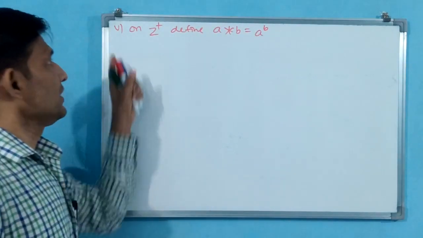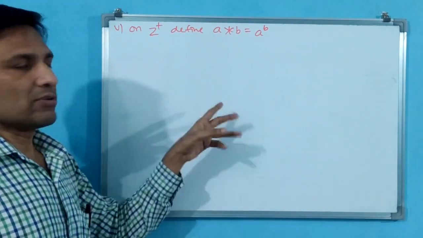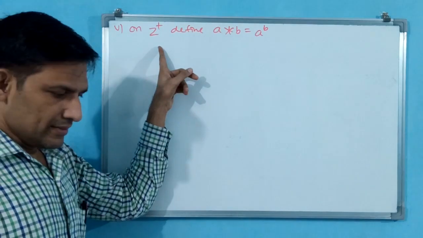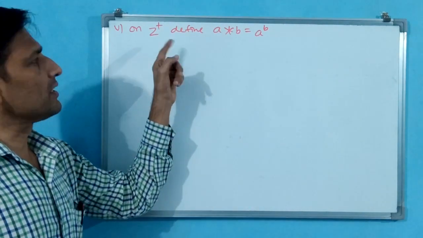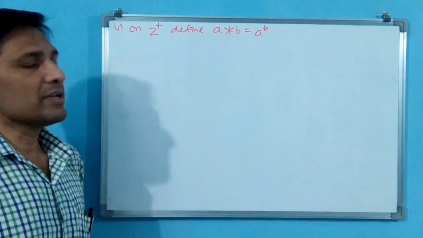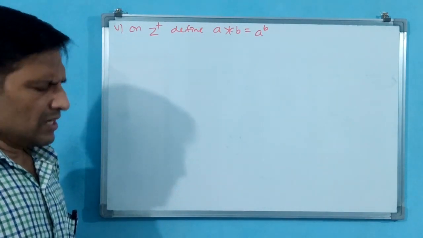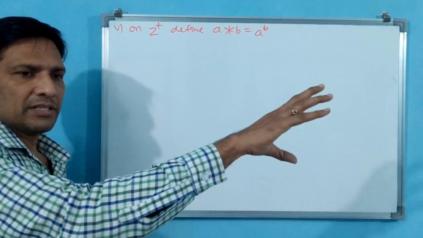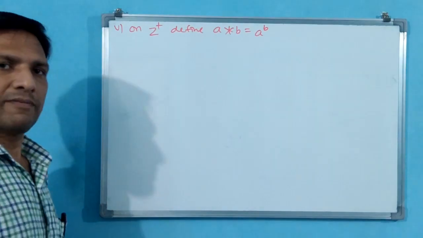Now you see the fifth part of the second question. On Z plus, that means here again positive integers, non-negative integers are there. Define A star B is equal to A power B. Okay, A power B like that is given. Now first you write binary operation, then you take A, B, C, let, then you proceed for binary operation.